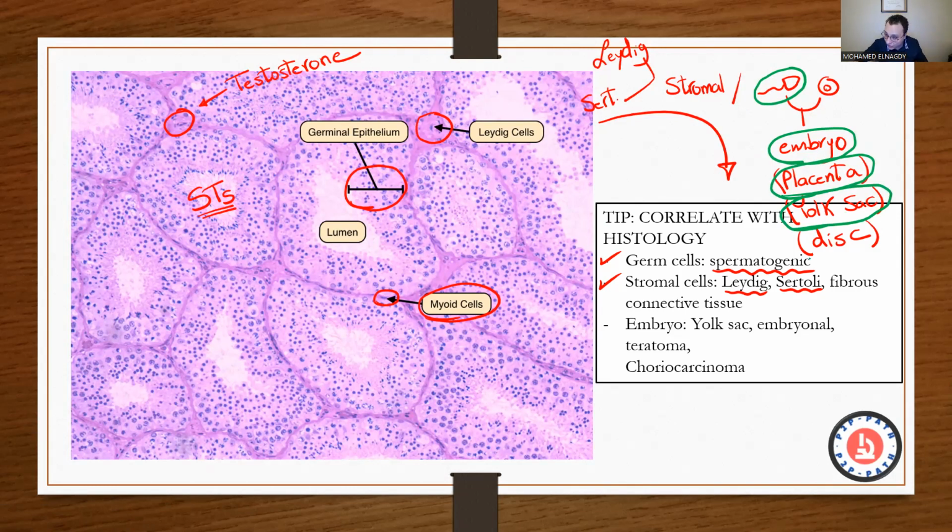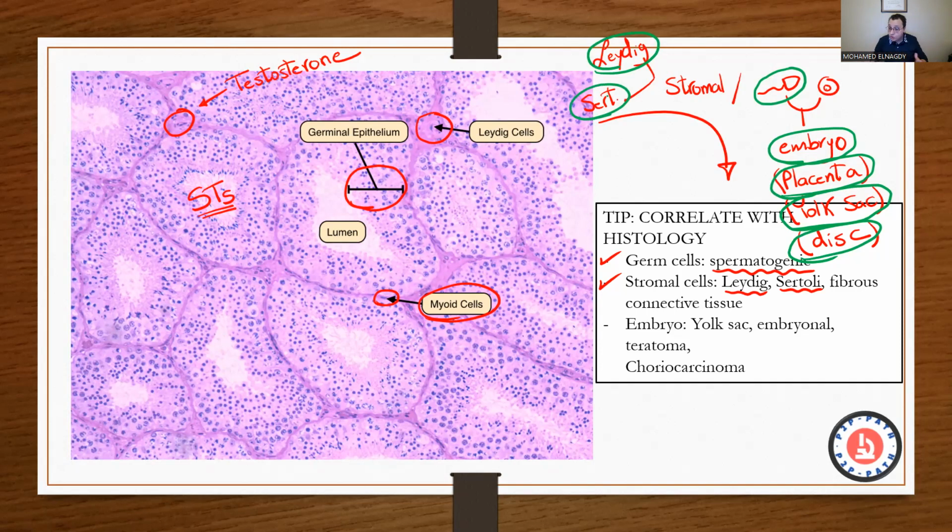And you have the trilaminar germ disc, which has the ecto, endo, and meso, these three layers. These three embryonic layers make you remember the famous tumor which arises having the three layer components, which is the teratoma. And then you have the stroma, which has the Leydig cells, so we have Leydig cell tumor, and Sertoli cells, so we have Sertoli cell tumor.